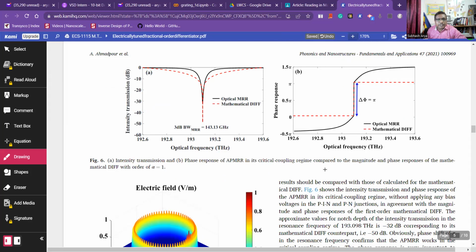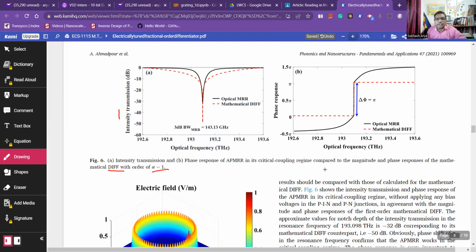And you can see here the intensity transmission and phase response of the APMRR in its critical coupling region compared to the magnitude and phase response of a mathematical differentiator with order alpha equal to 1.